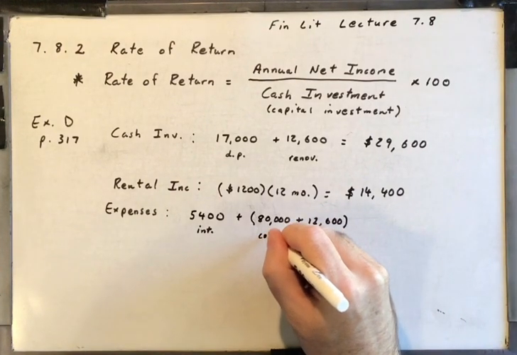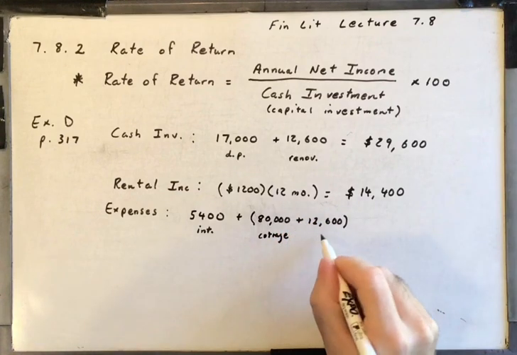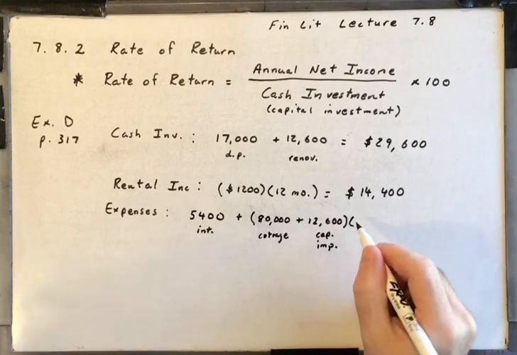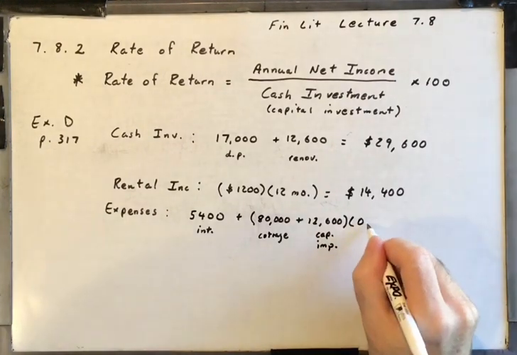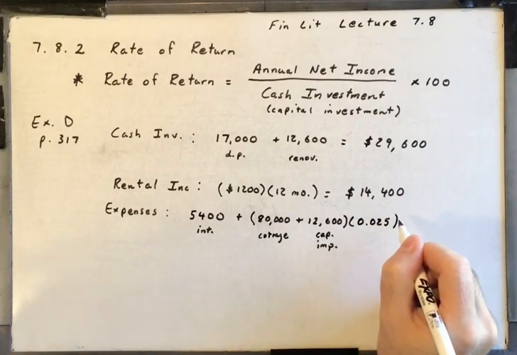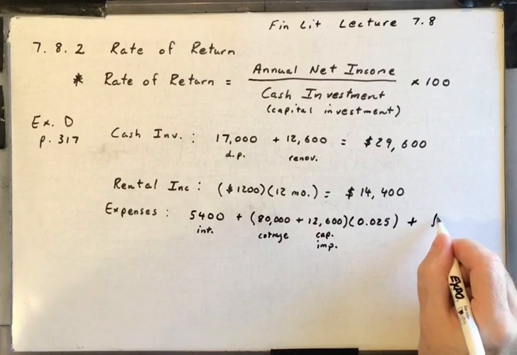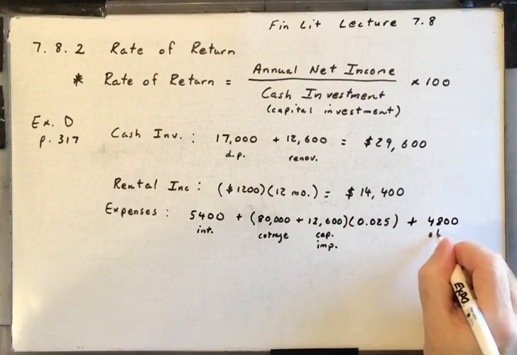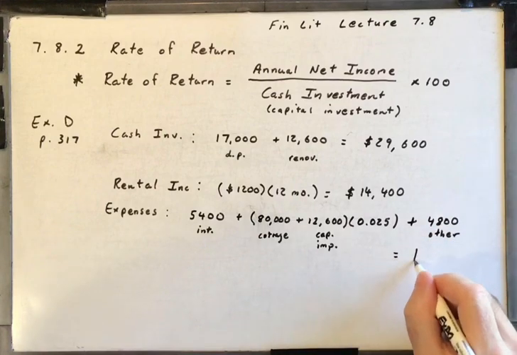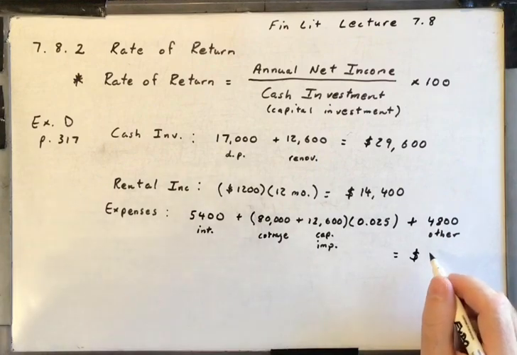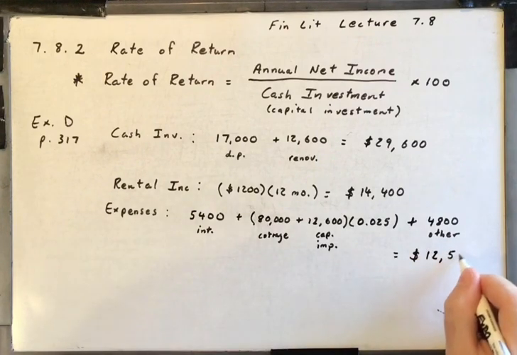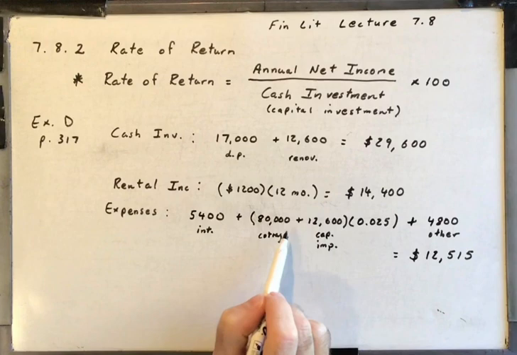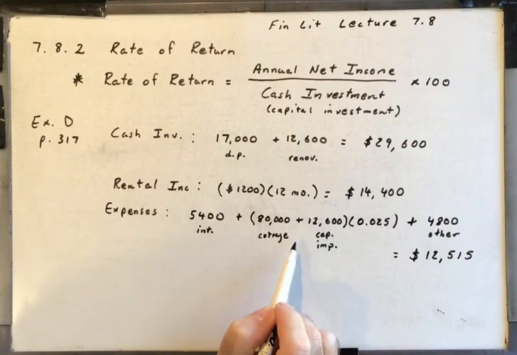So this is the cottage. This would be the easiest part to mess up. And capital improvements. And that depreciation is at 0.025. Plus $4,800, and that's other. So her annual expenses add up to $12,515. Okay, so that part would be easy to mess up. But just be careful. If you read it, you'll know what to put in.